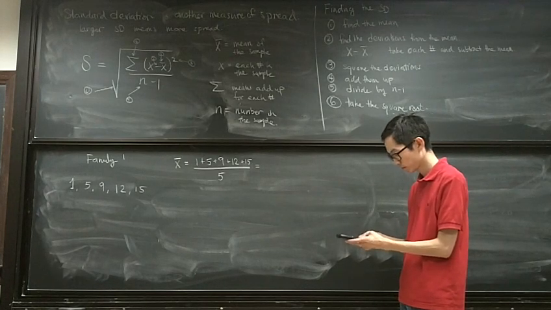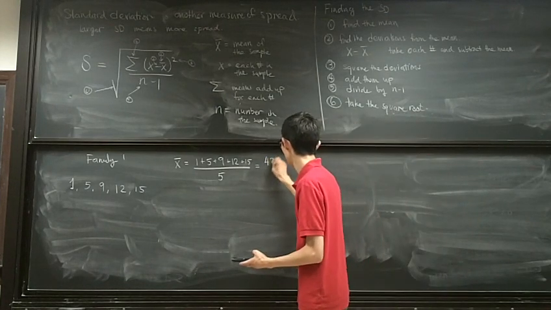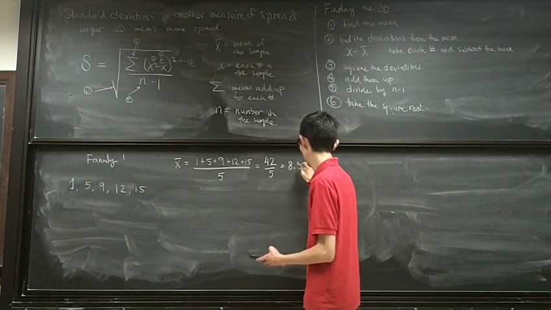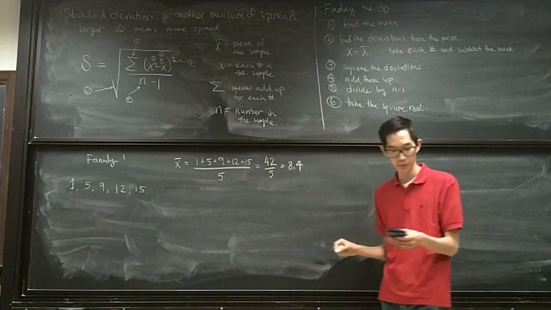I get 42 divided by 5. I get my mean to be 8.4. Is that okay?